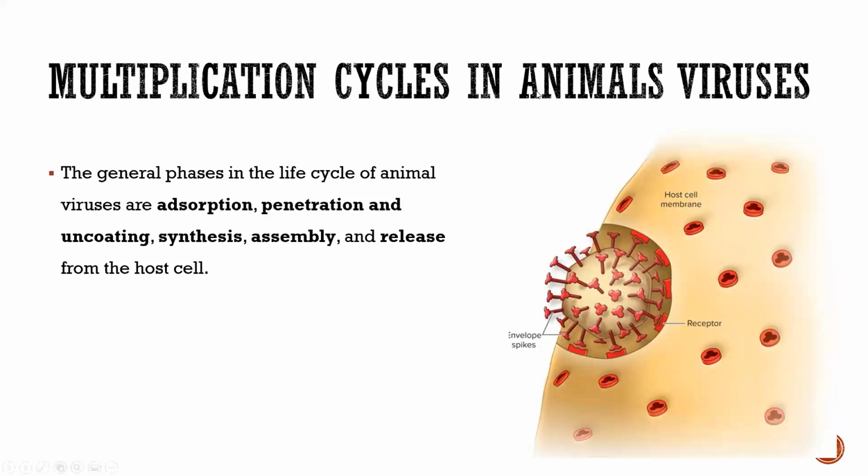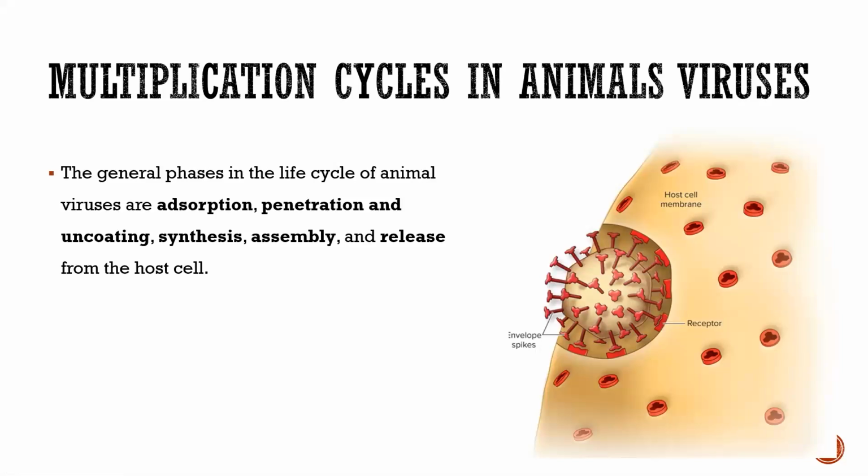So if you look over here on the right, we have our viral particle here, and it has its lovely enveloped spikes out here. They're going to try to find a receptor. And if it's a match fit there, a perfect lock and key fit, then it's invited into its host.